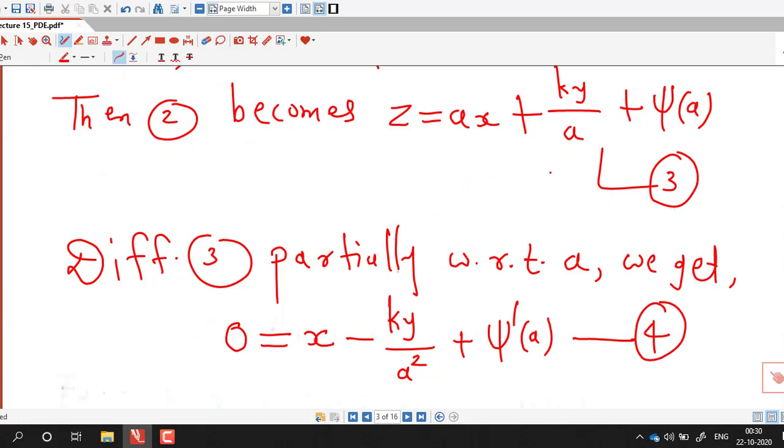So now the general integral can be obtained by eliminating the arbitrary constant a from equations number 3 and 4. Here we don't know what this arbitrary function of a is, so we are not able to eliminate a.